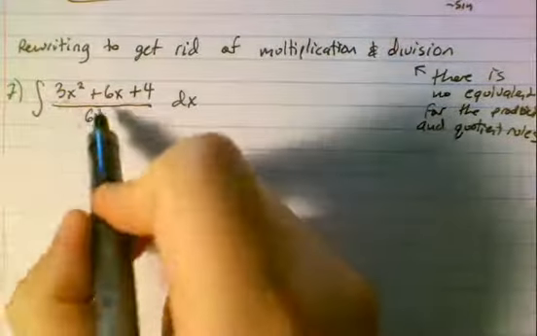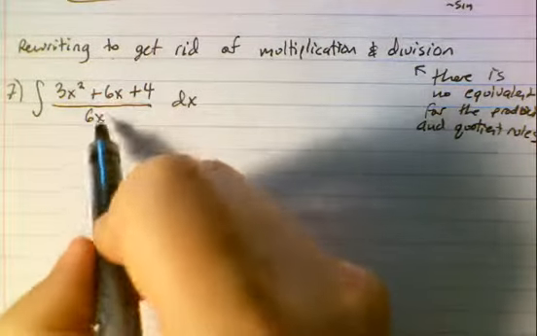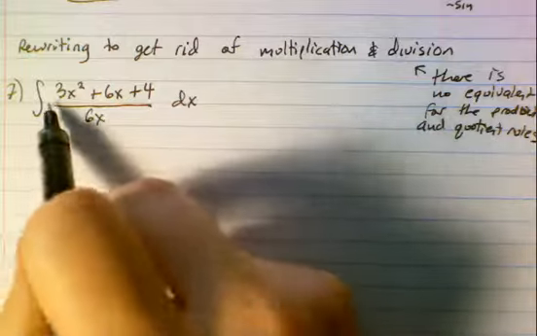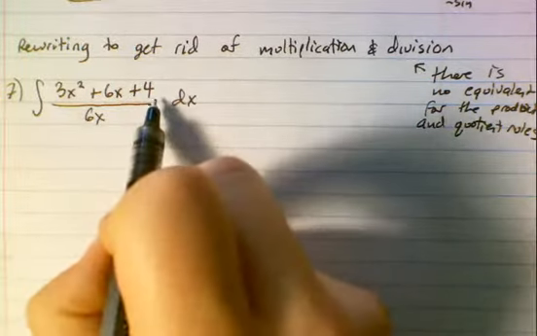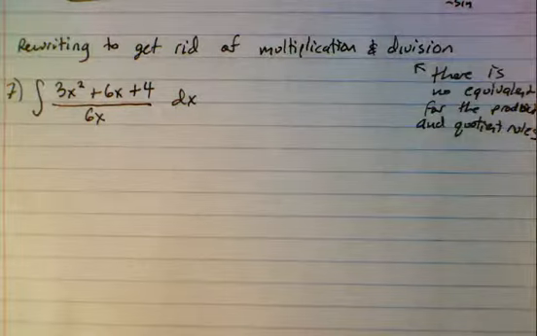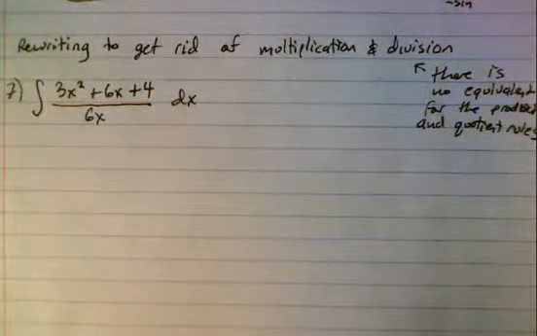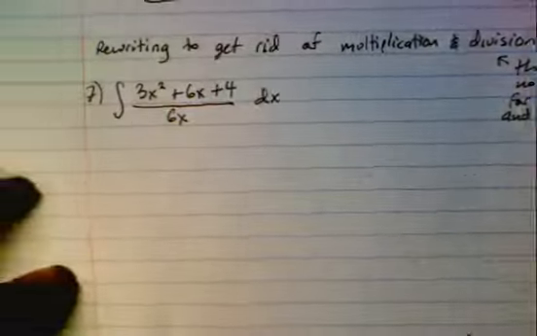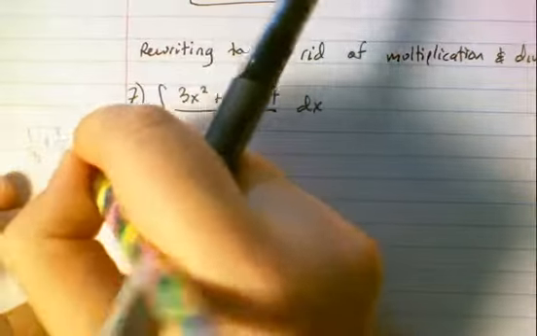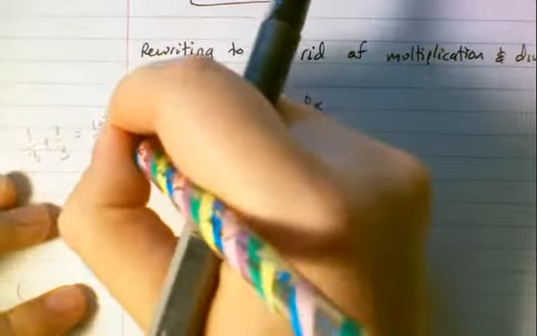So if we have a rational expression, or a fraction basically, and we have one term down here in the denominator, we can split this up into several different terms and get this 6x to be under each one. The idea is that we know, for example, that if we have 1/3 plus 2/3, that's the same as 1 plus 2 over 3.